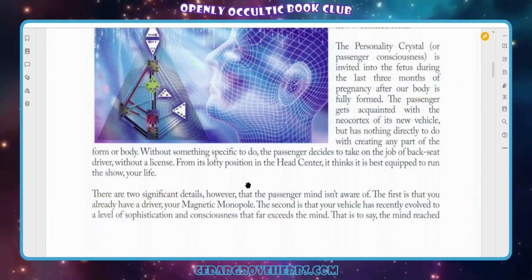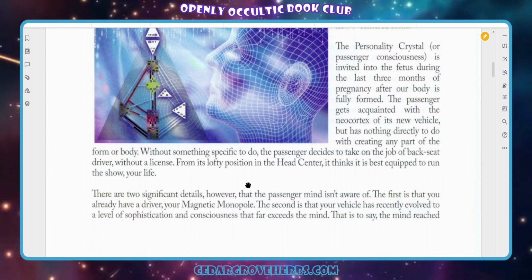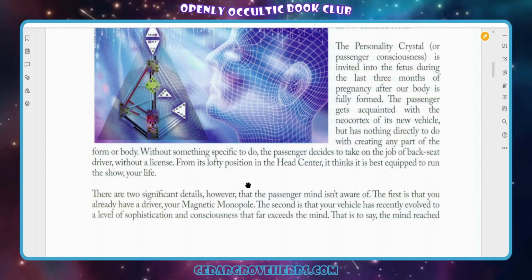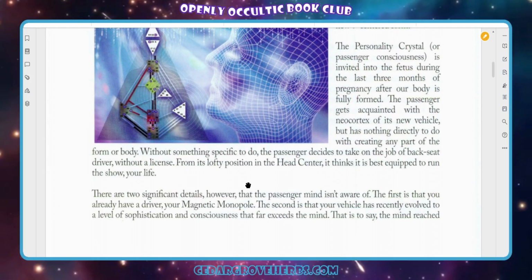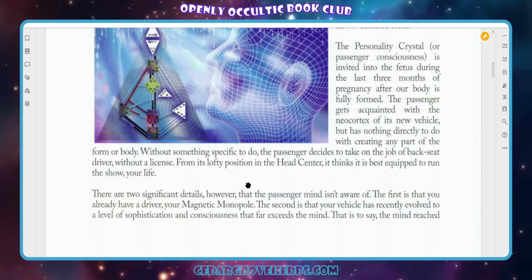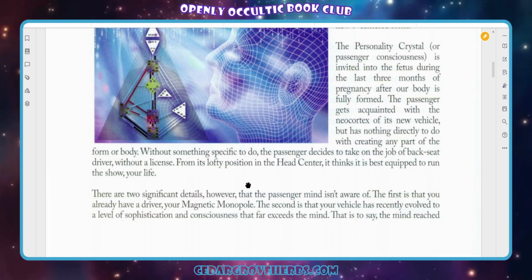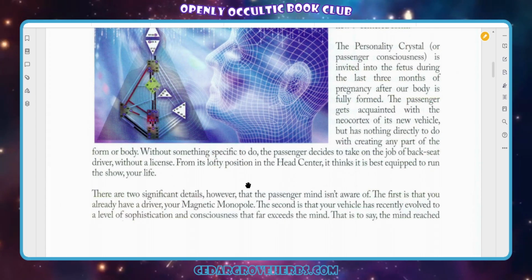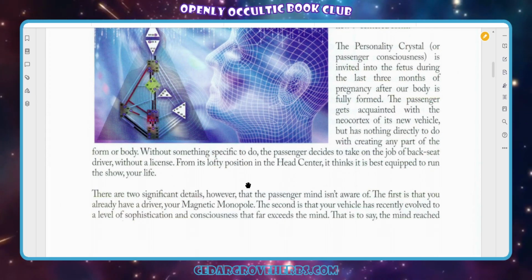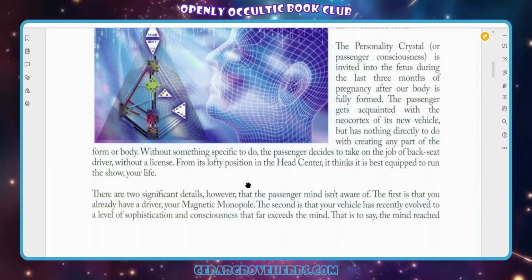There are two significant details, however, that the passenger mind isn't aware of. The first is that you already have a driver, your magnetic monopole. The second is that your vehicle has recently evolved to a level of sophistication and consciousness that far exceeds the mind.